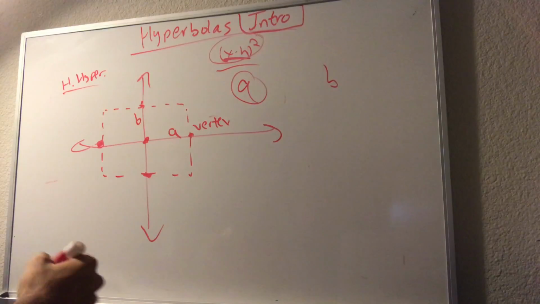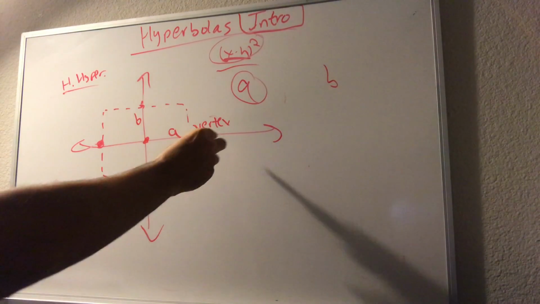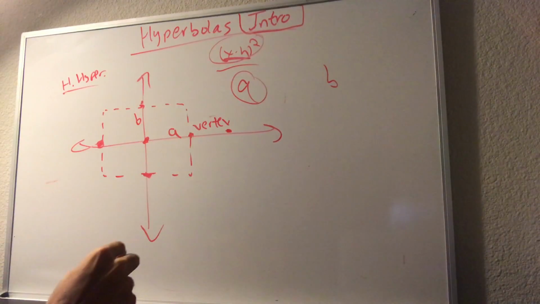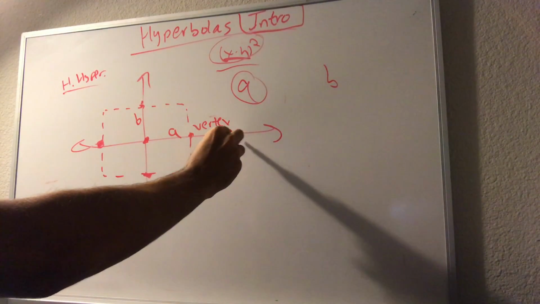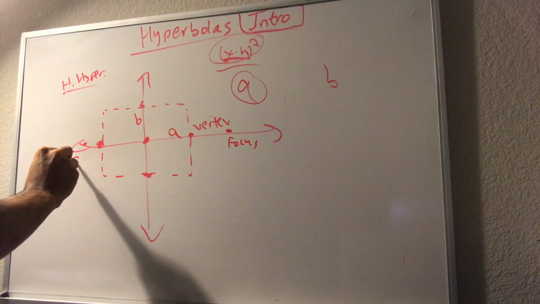Now you may be wondering where your foci are. The foci will actually be outside that box. So this is your focus, and this one is outside here as well.